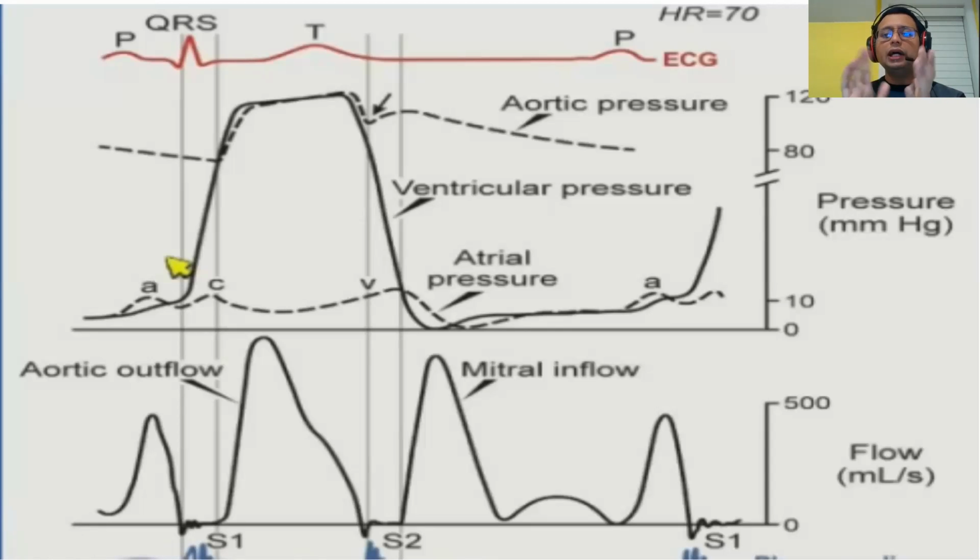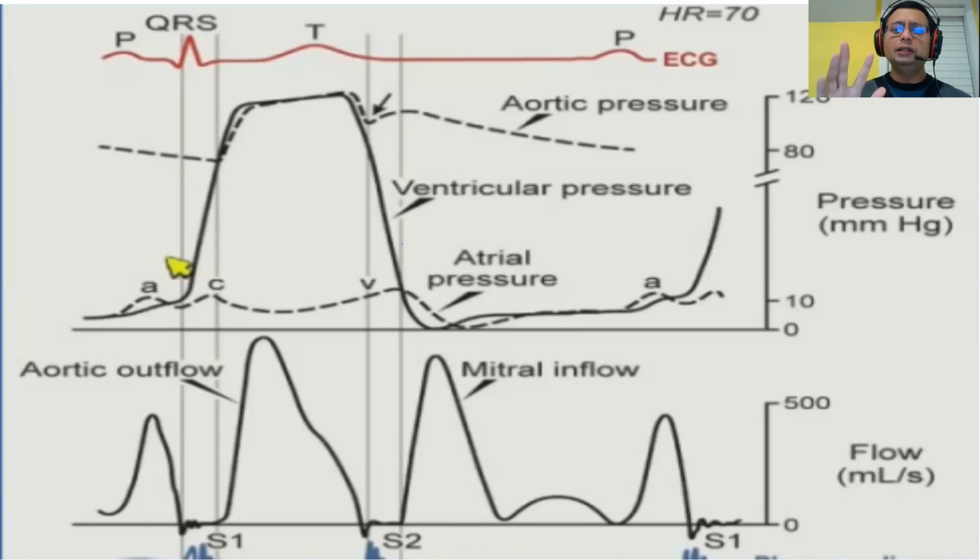Okay, the IVRT is between 70 and 100 milliseconds. Now, if you look at the left ventricular diastolic pressure here, this is normal. And correspondingly, the left atrial pressure is also normal. So this patient has normal diastolic function and normal LA pressure. So that's number one.